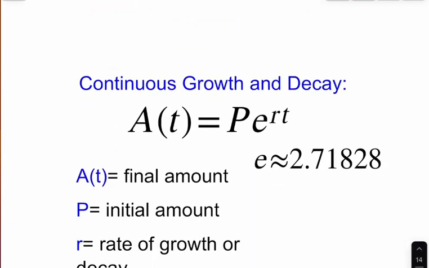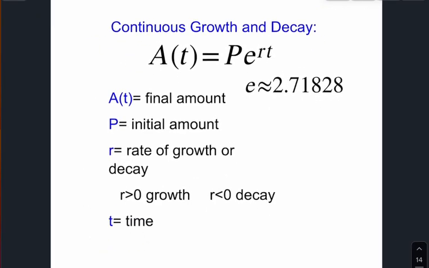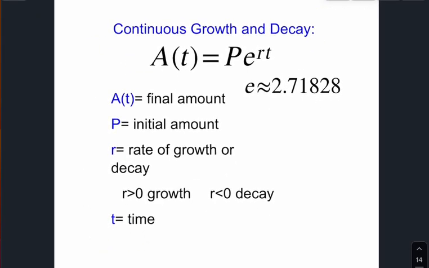Okay. Now, there are biology applications. There are monetary business applications. This formula here is an interesting one. It is something called continuous growth and decay. I'll just sometimes call it the PERT formula. It almost looks like you're trying to spell the word PERT. Or there used to be a shampoo called Pert.